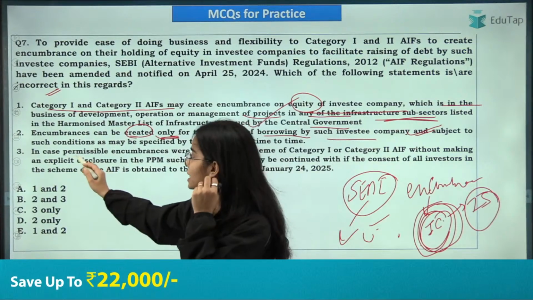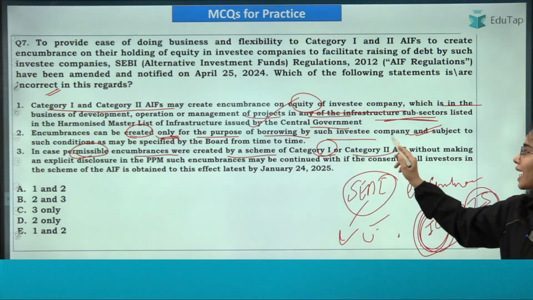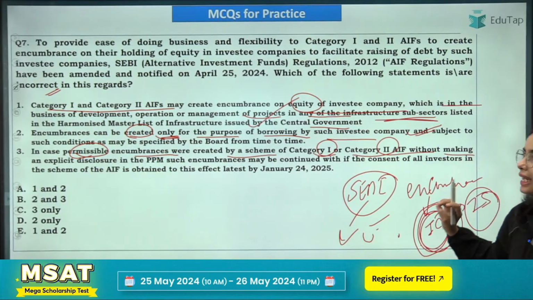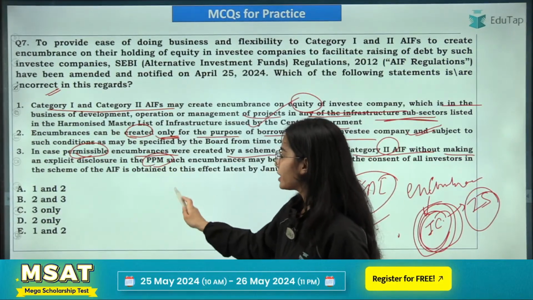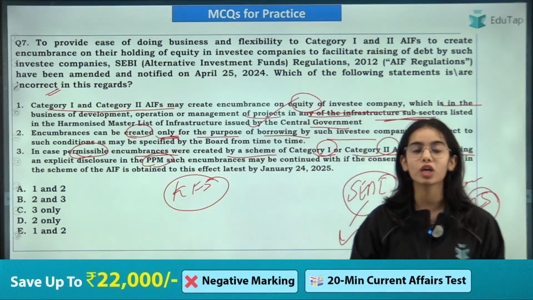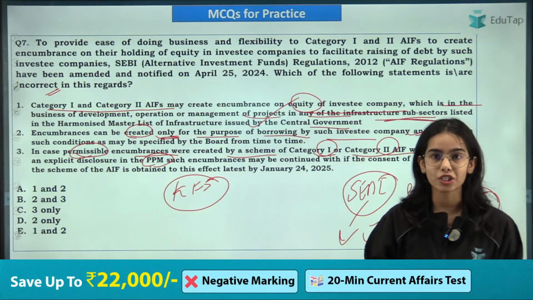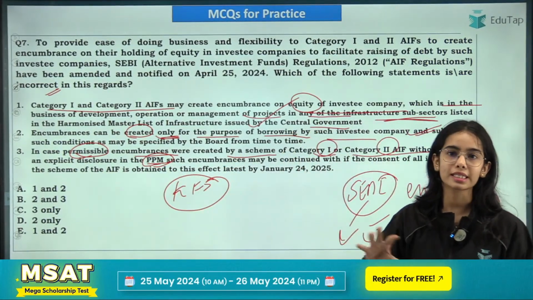Okay. In case permissible encumbrances were created by a scheme of category 1 or category 2 AIF without making an explicit disclosure in the PPM. Like there is a key fact statement where the banks have to tell about the loan, the interest, the charges. Similarly, there is the PPM where the AIF has to tell all the risks and everything.